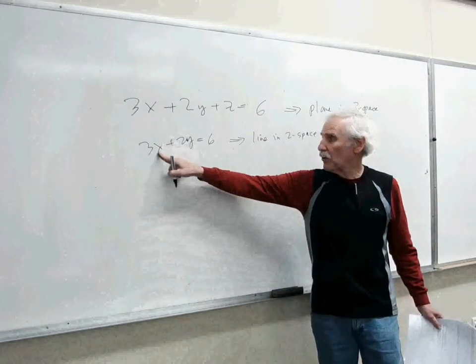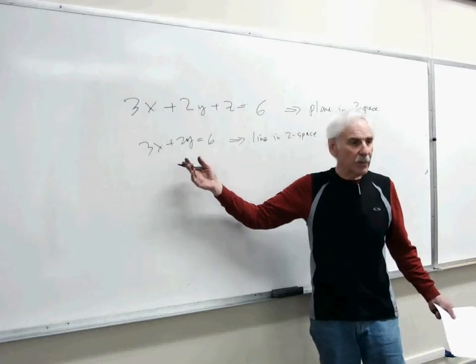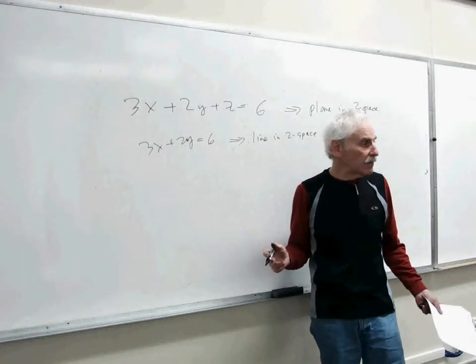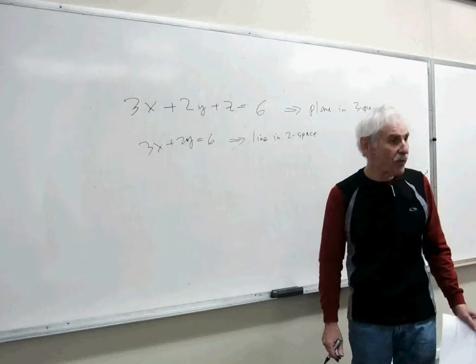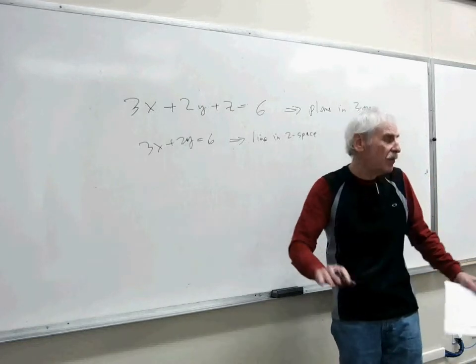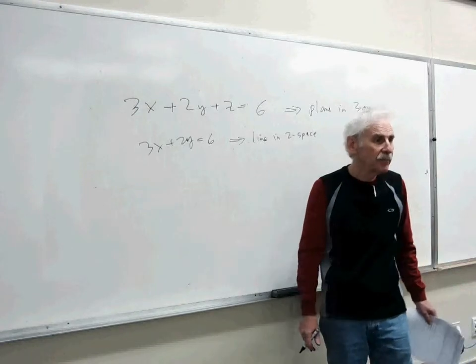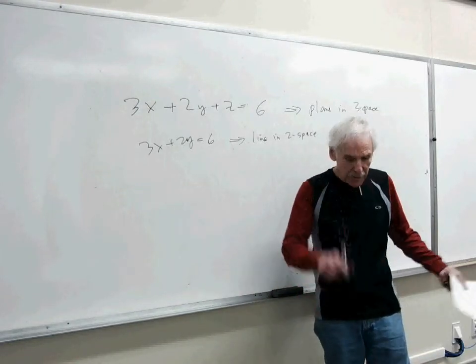For every value of x, there's a definite value of y, or you can go y equals mx plus b, and this would be a line in the Cartesian 2 space. But as soon as I introduce a third variable, it can't be in a flat space anymore, because I've got 3 variables. X and y, and z's got to be someplace else.